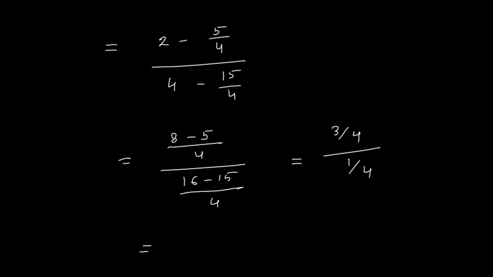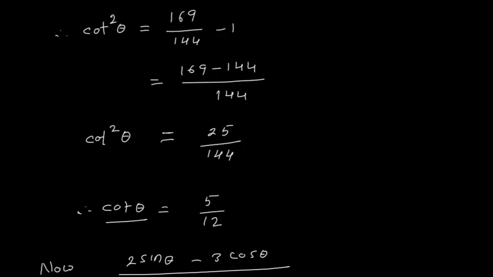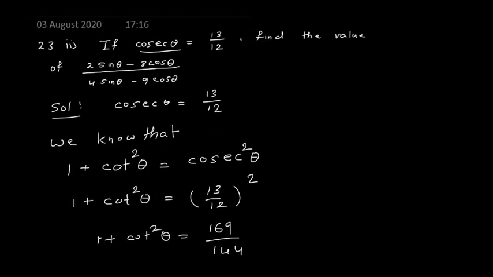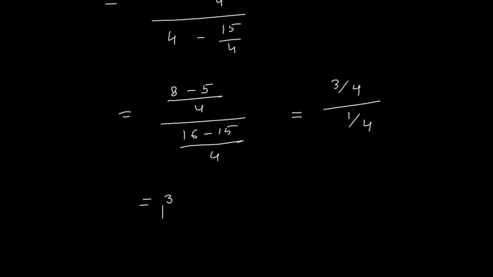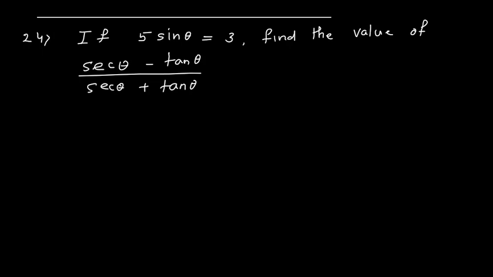So this becomes 3 upon 1. 3 upon 1 is 3. So the answer for 2 sin theta minus 3 cos theta upon 4 sin theta minus 9 cos theta is equal to 3, right?